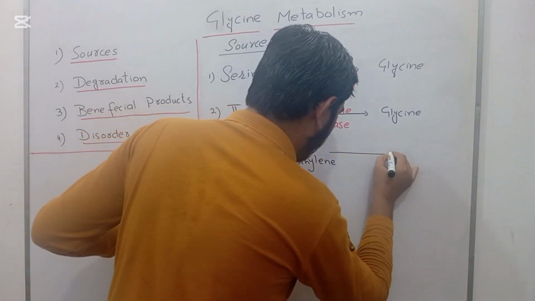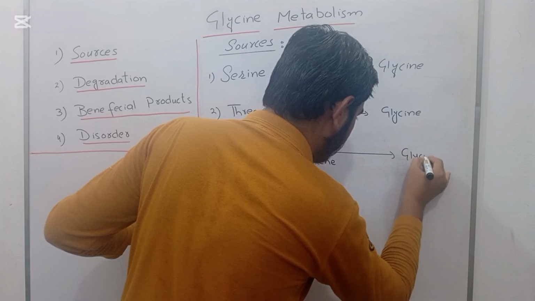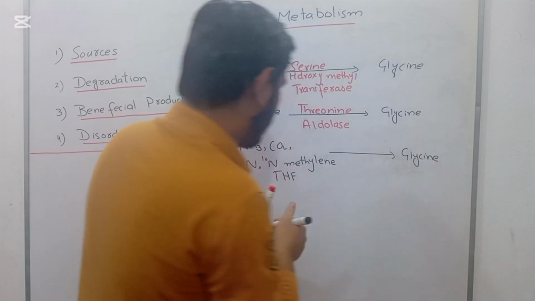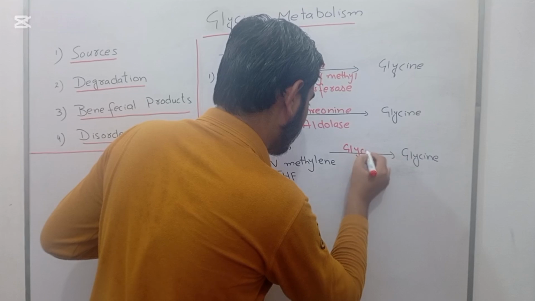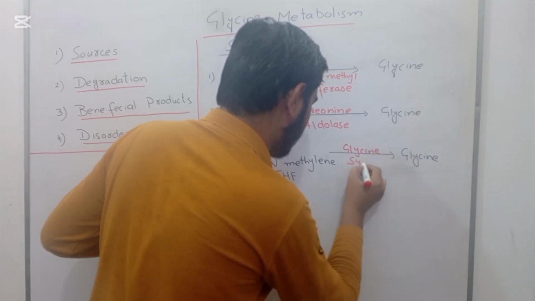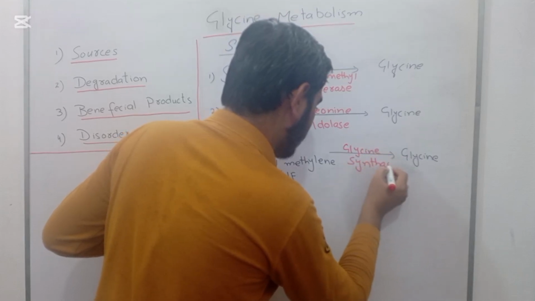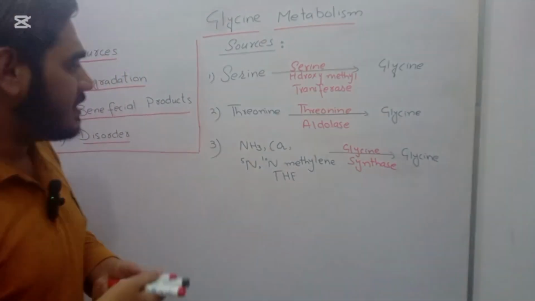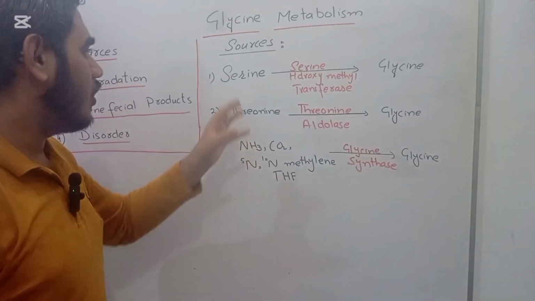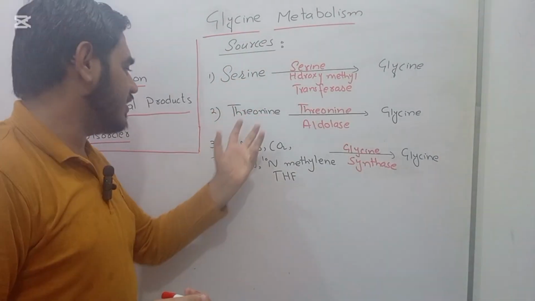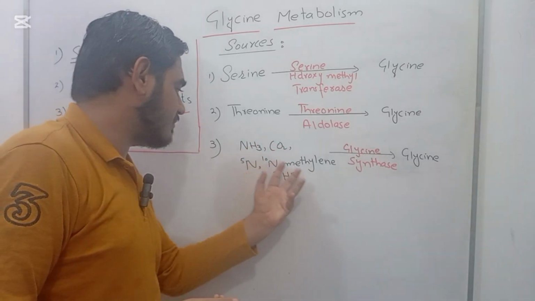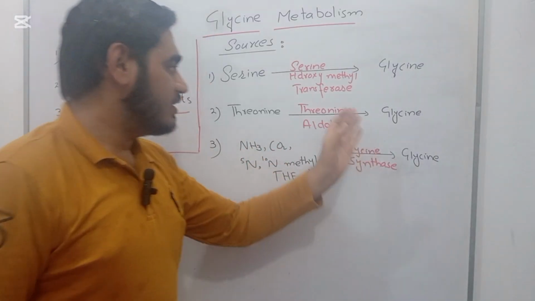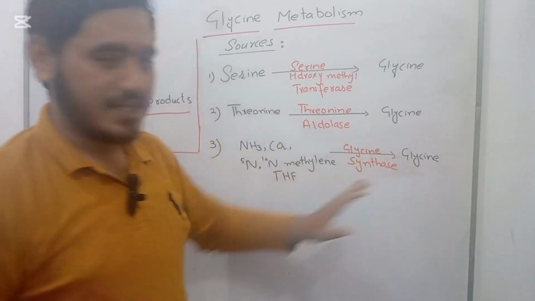They also form glycine with the help of glycine synthase enzyme. Okay, so friends, these are the three sources of glycine: serine, threonine, and ammonia, carbon dioxide, and 5,10-methylene tetrahydrofolate.